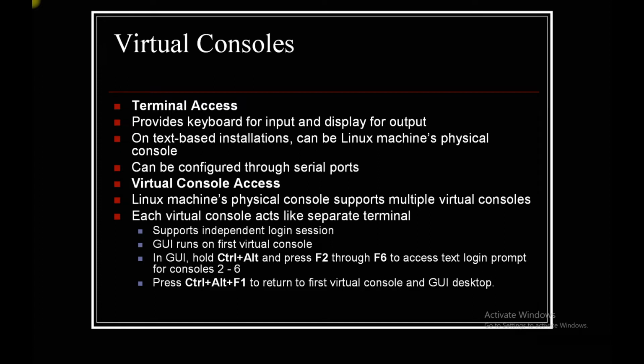That's called physical, where you have physical access to the console. But for a virtual console, you have virtual machines, and you access those machines from the Red Hat virtual machine environment.